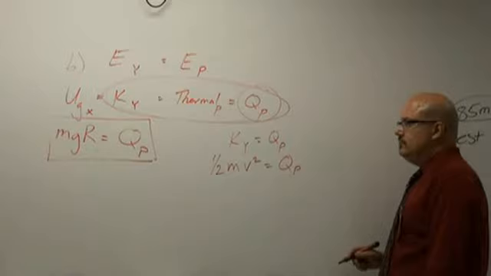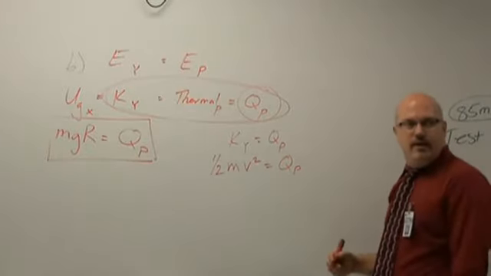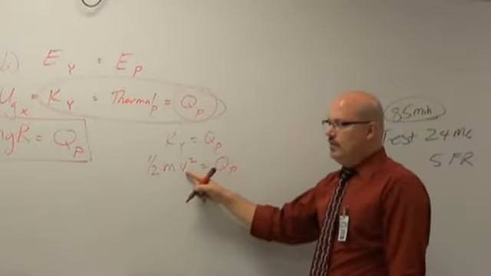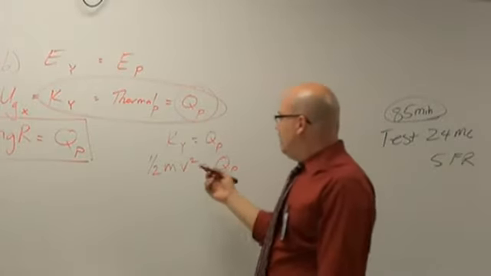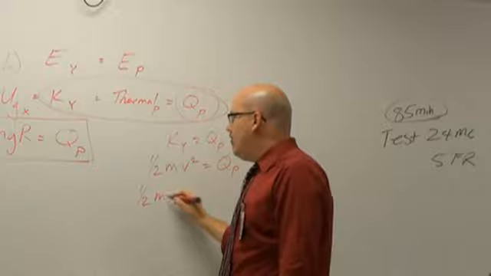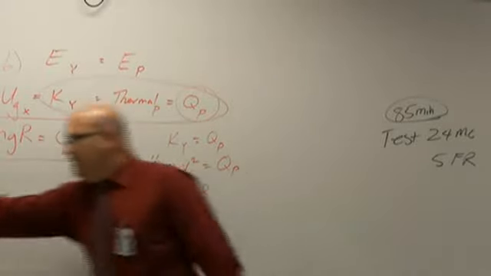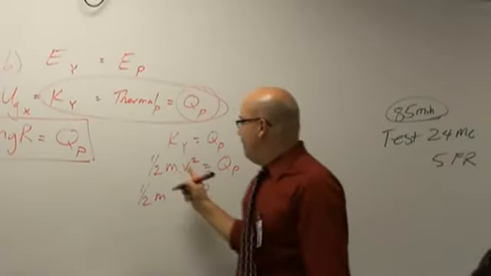Alright? But I can do better than that. What's V? So I get 1/2 m times 2gr. It's square rooted, but then it's squared, right?